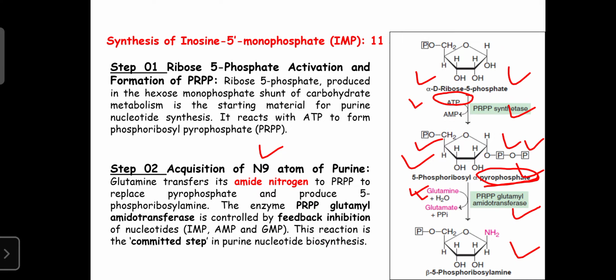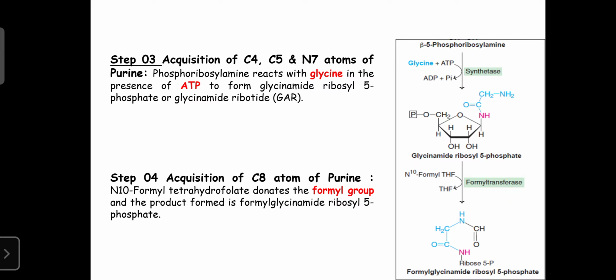The next step, step 3, is the acquisition of the C4, C5, N7 atoms of purines. In step 3, carbon atom 4 is added, carbon atom 5 is added, as well as another nitrogen, which is added at the 7th position.